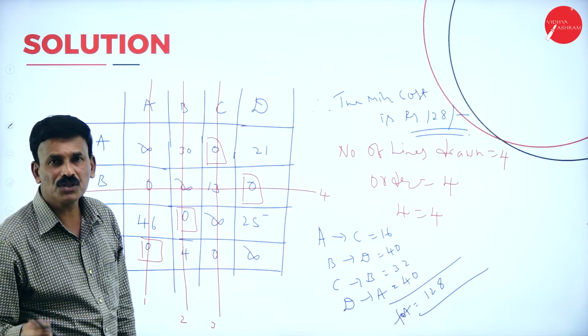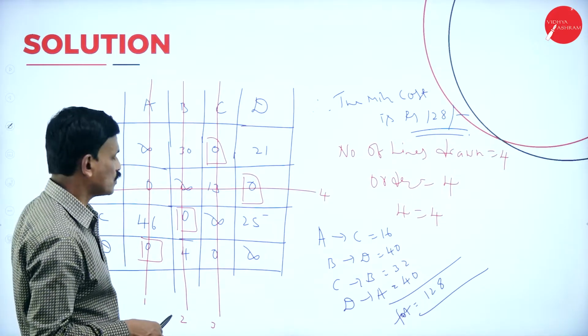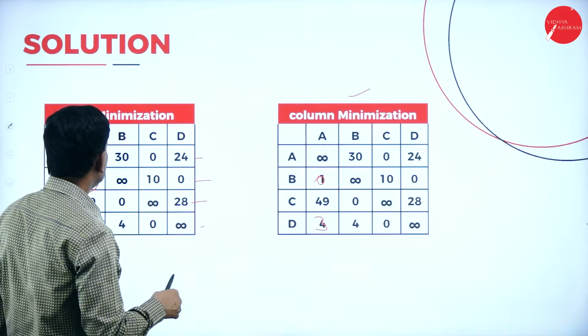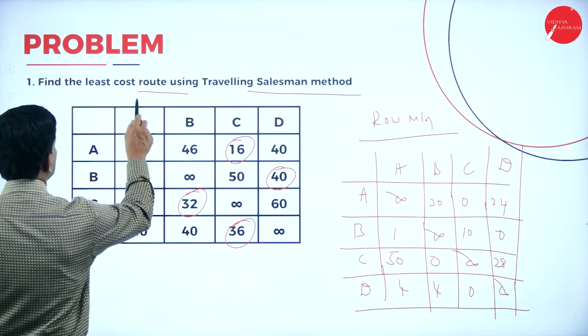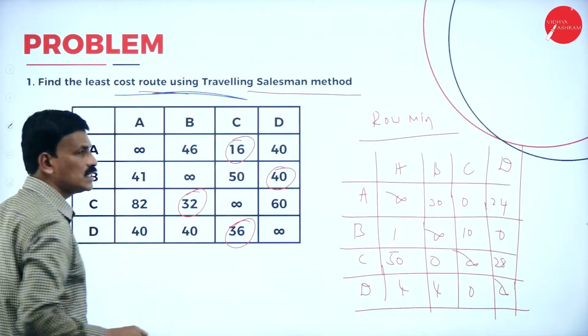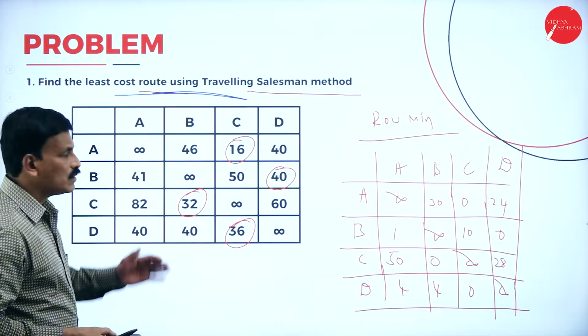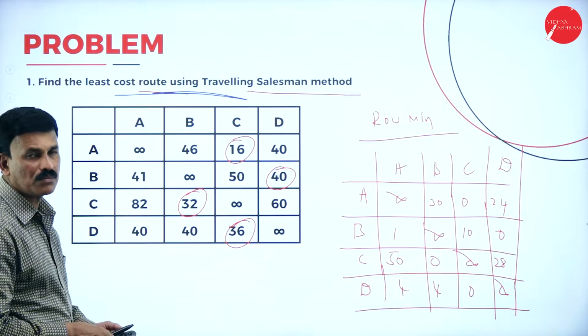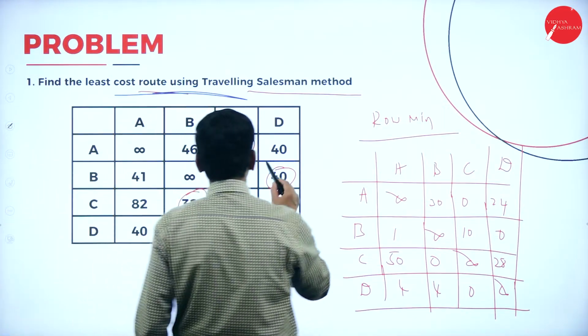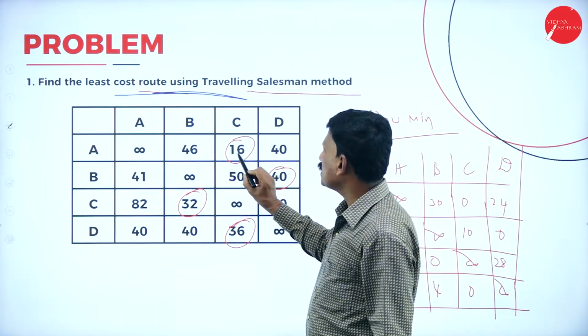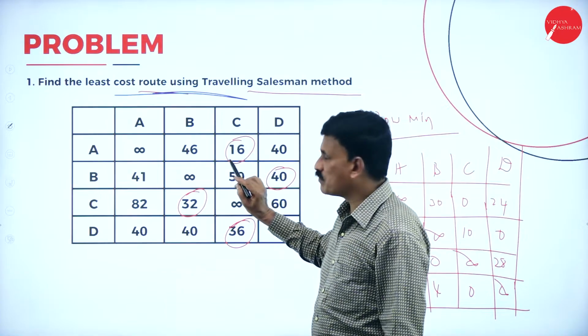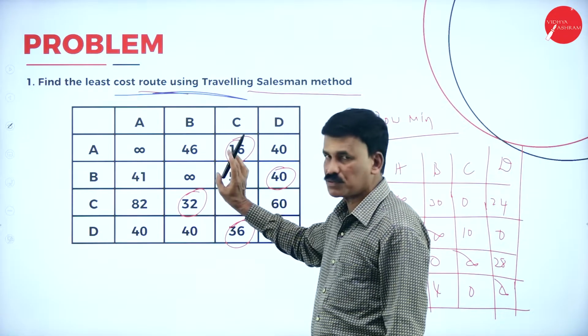This is how we are going to solve this given problem. See, very simple concept. Find the least cost of the traveling salesman's method. So just find out the row minima. Here the minimum value is 16 and maximum is 46.